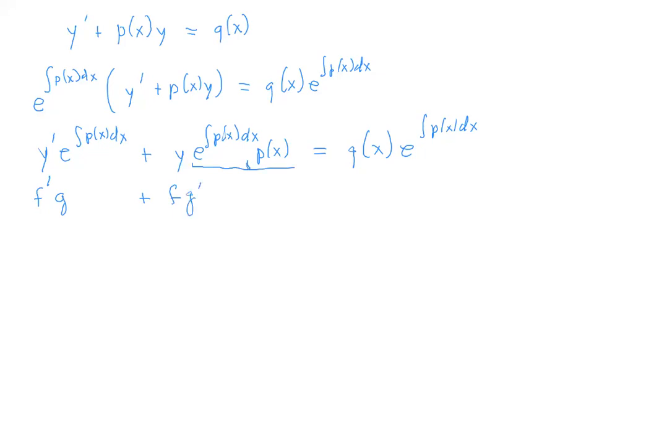I'm sorry, the whole thing is the derivative of f times g. So in other words, by the product rule, what you have on the left is simply the derivative of y times the integrating factor, equal to q of x times e to the integral of p of x dx.